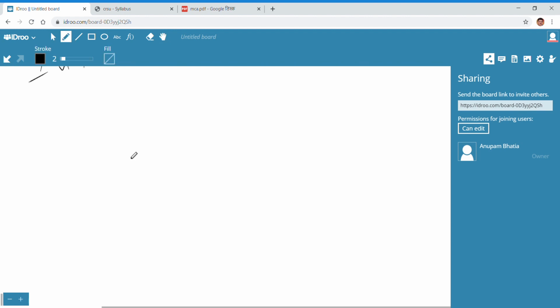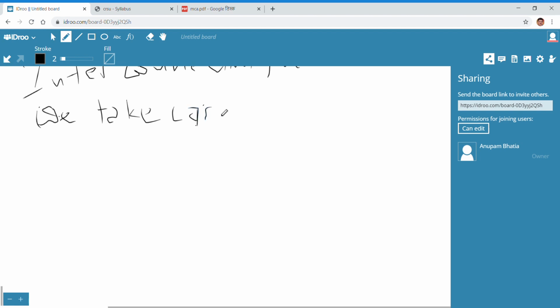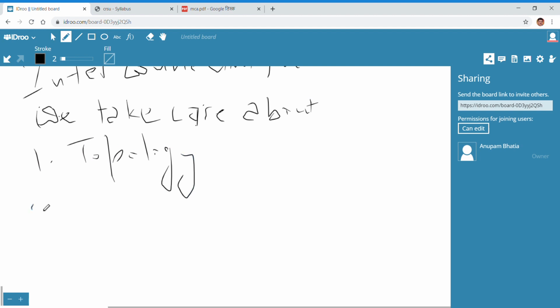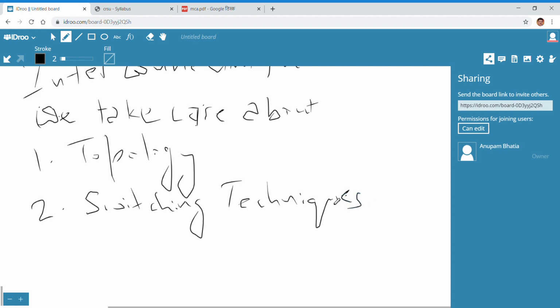While studying the interconnection network, we take care about three things: first is topology, second is the switching techniques, and third one is the routing protocols.